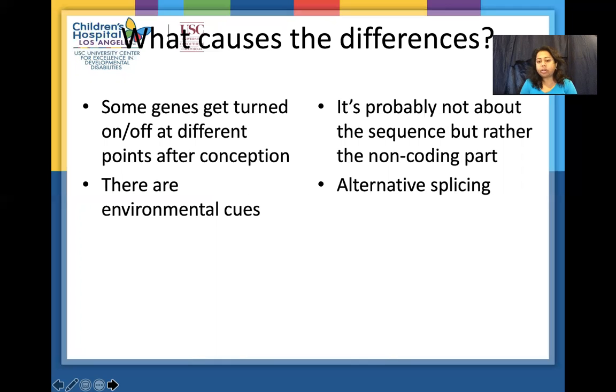So for instance, when you think about the course of expressing a gene, there are several processes, transcription and translation, that occur to change a gene to a protein. And there are environmental cues that signal whether or not transcription and translation are going to take place. Also, what we've come to realize is that these cues may also trigger what is known as alternative splicing.